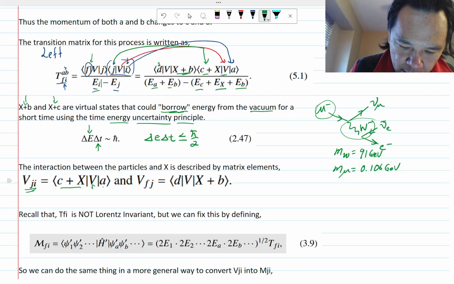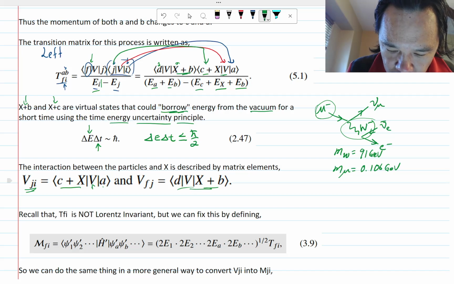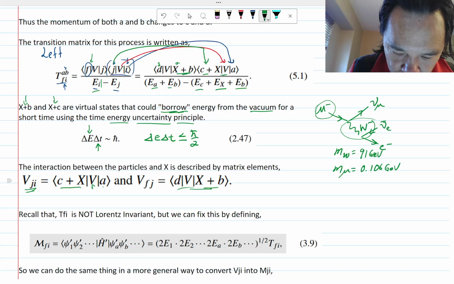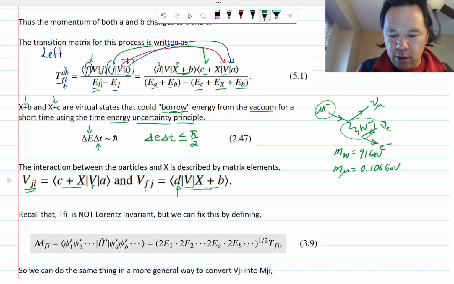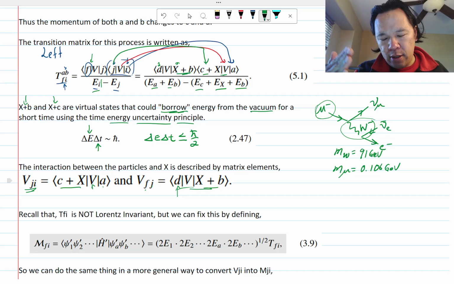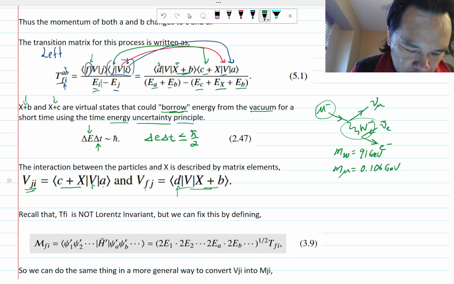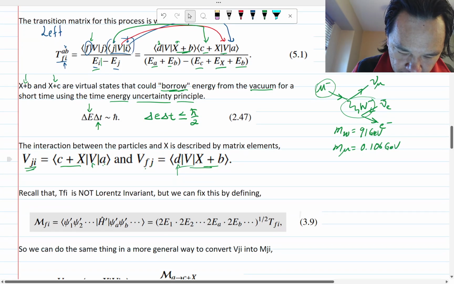And this part here describes the interaction from the intermediate state, X plus B, which is the first half of the diagram, into the D state, which is the second electron going outward. So this is the outgoing electron, and this is the incoming electron.